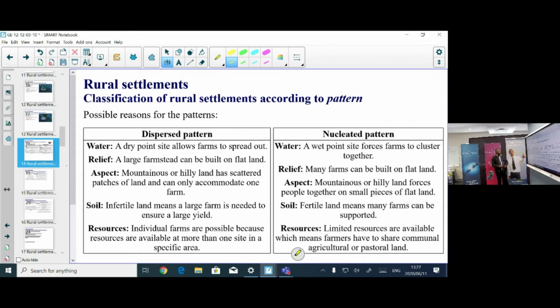Right, here are the two patterns that classify settlements, rural settlements in particular: dispersed pattern and nucleated pattern. In the dispersed pattern, the factor that actually determines the establishment of that settlement is that there is water, and usually there is a dry point site that allows farms to spread out.